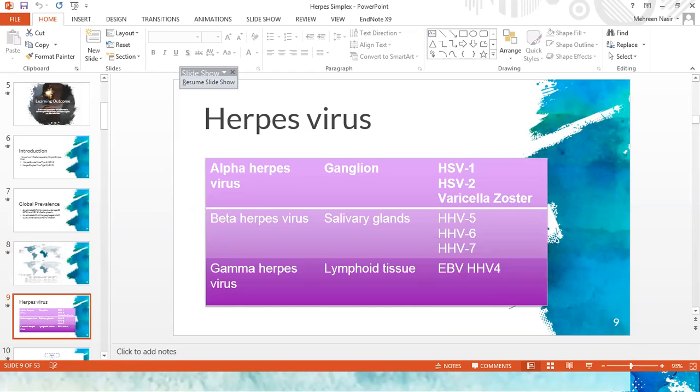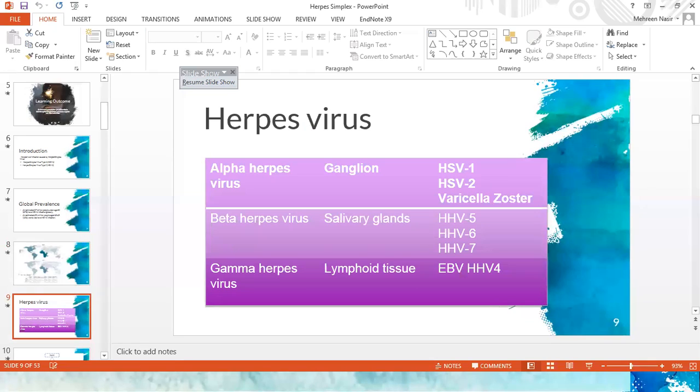In herpes simplex virus 1, 2, and varicella zoster infection, the herpes virus rests in ganglion, so that is an alpha herpes virus. In beta herpes virus, in latent stage, the virus rests in the salivary glands. Examples are human herpes virus 5, also cytomegalovirus, human herpes virus 6, and human herpes virus 7.